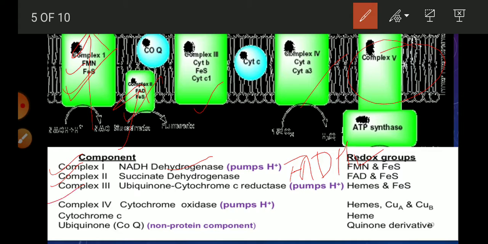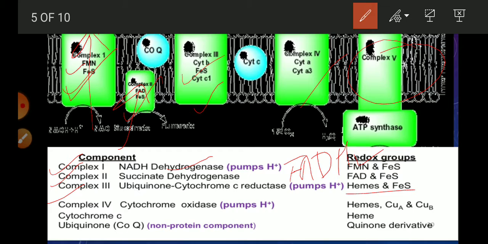Then we have complex 3, ubiquinone cytochrome C reductase, which is also called a proton pump. It has a heme group inside, and an FeS iron-sulfur complex is also present in complex 3.